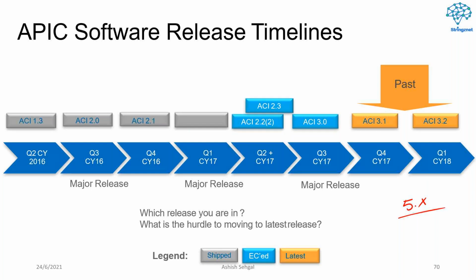Now, in this particular journey, it has gone through various evolutions. For example, I told you about the addition of remote leaf and virtual pod. In version 3.x, Cisco introduced the capability of controllers to be connected to our Fibre Channel networks as well for the purpose of storage. In version 2.x, Cisco introduced the multi-pod configuration capability in our controllers.